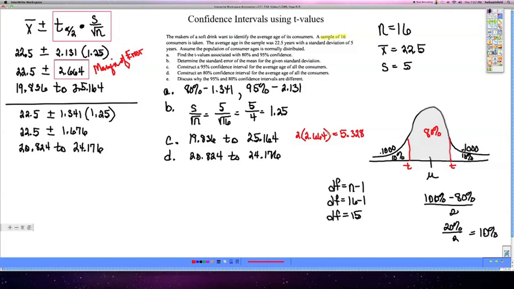And of course here our range is double the 1.676, which is some value larger than 3 but less than 4.